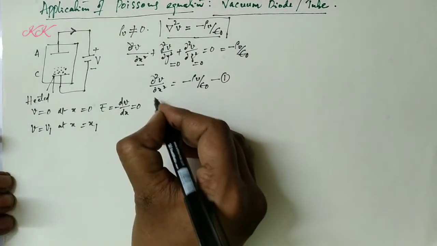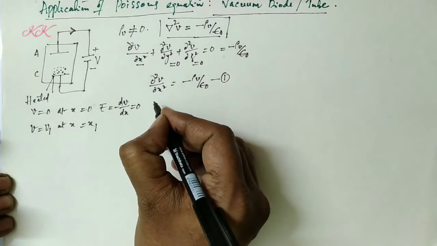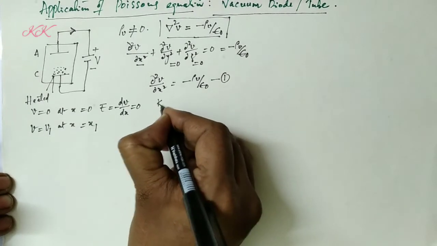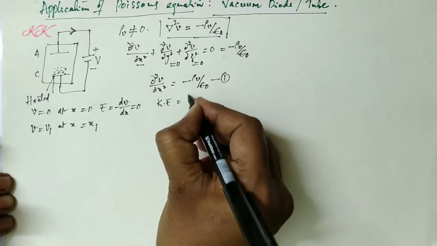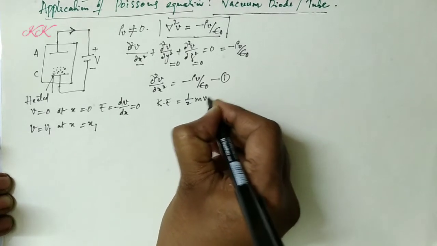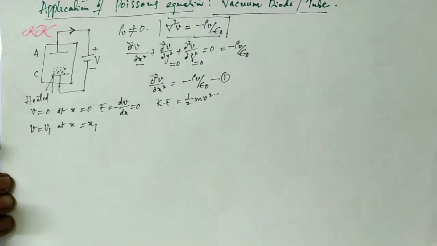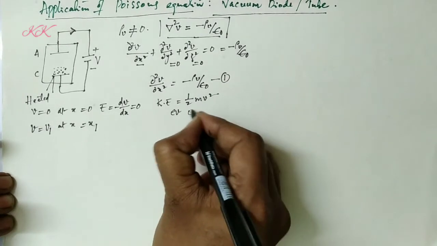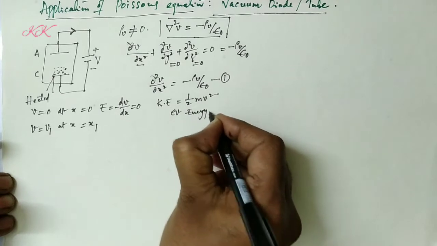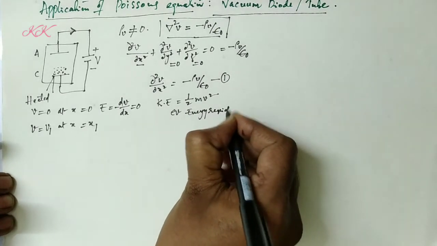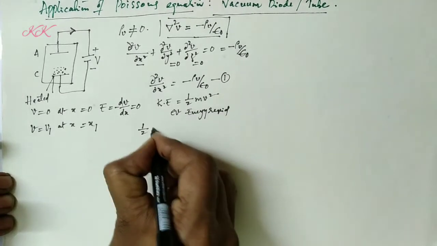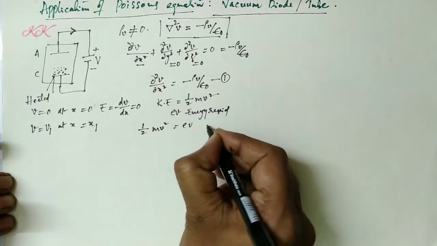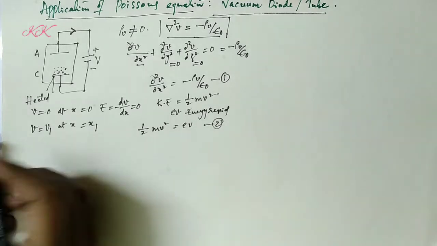Let m be the mass of the electron and e the charge of the electron, then the kinetic energy of the electron is given by half mv square, where v is the velocity of the electron. This is the energy required: half mv square equals eV. Let this be equation number 2.